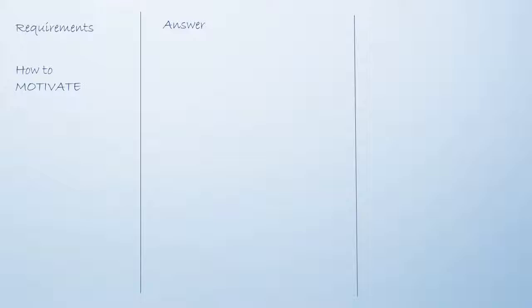So everything here should address the requirement. So in this task, everything should be a way of motivating. The danger here is if this middle column is just pure textbook knowledge, you risk picking up very little credit. Your answers must be applied to the company.